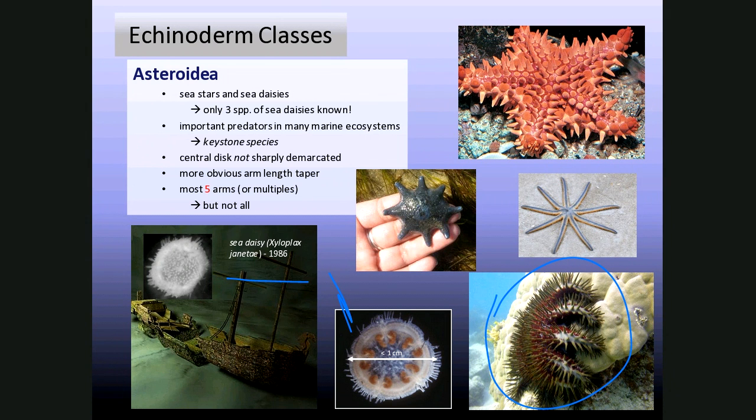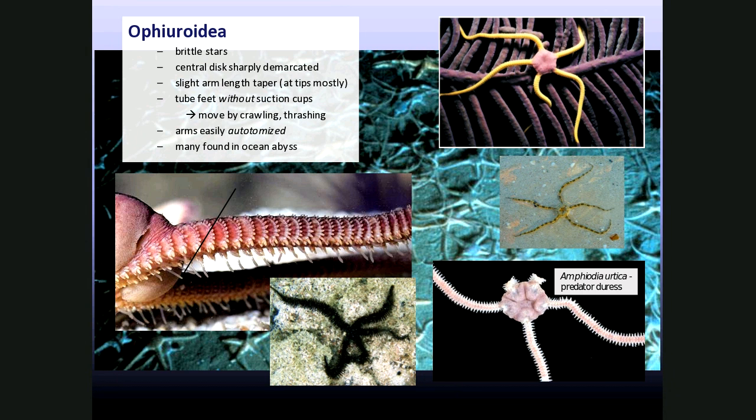All right, that disk thing, brittle stars are denoted by the fact that they have a very sharply demarcated central disk. It's very obvious. And the arms don't taper. They're, you know, maybe at the tips a little bit, but for the most part, they're straight all the way down. Now, the reason why they're called brittle stars is because if you mess with them, you see the one on the bottom, the Amphiodia urtica, if you mess with them, they'll shed their arms.